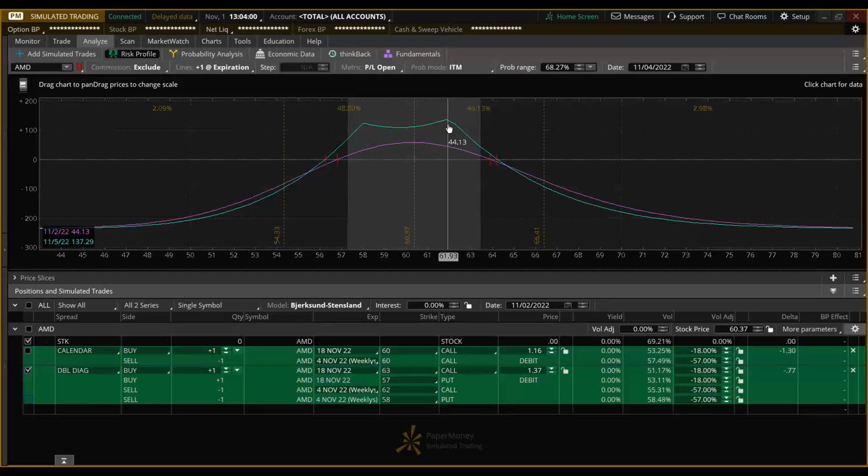So do you see why there are some advantages and why some people are going to be drawn to this double diagonal trade in looking for the opportunity to exploit implied volatility crush through an earnings event? All right. So the trades are very different in some ways, very similar in others, advantages and disadvantages, and it's all the magic of options trading.